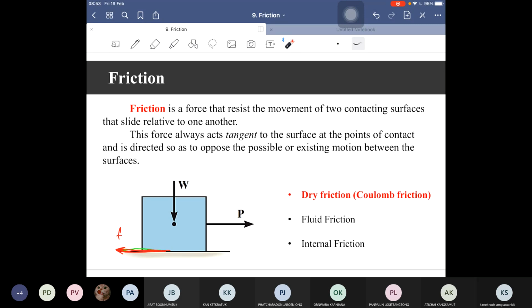Another type, other than dry friction, is fluid friction, which occurs between contacting fluid surfaces, for example between water and oil.